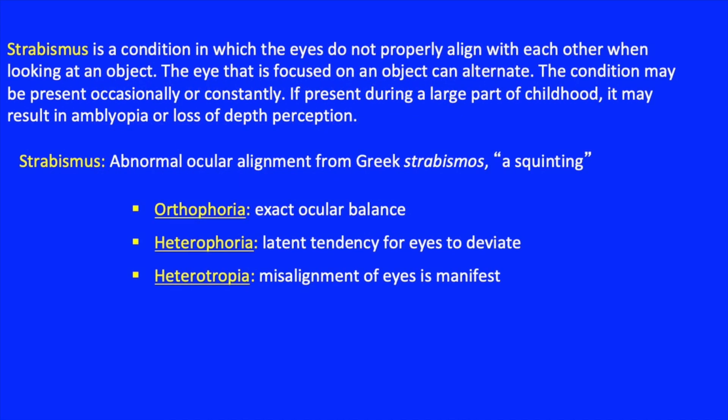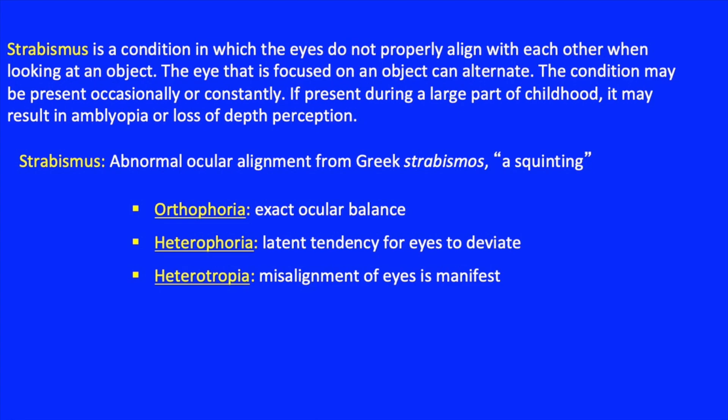What the parent has observed is strabismus, a condition in which the eyes do not properly align with each other when looking at an object. The eye that is focused on an object can alternate. The condition may be present occasionally or constantly. If present during a large part of childhood, it may result in amblyopia, or loss of depth perception.